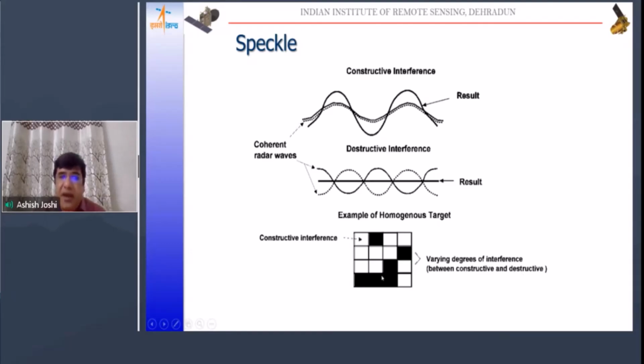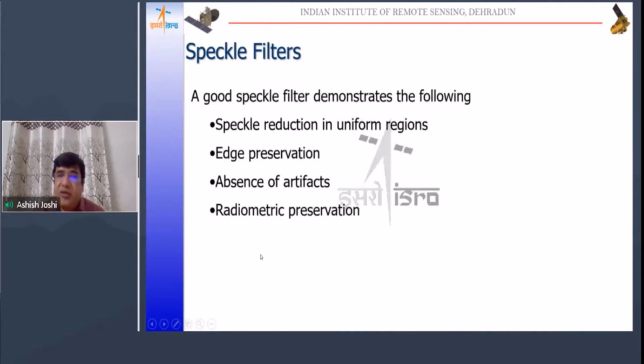So we have to build speckle filters to remove this speckle noise. A good speckle filter demonstrates the following: speckle reduction in the uniform regions.